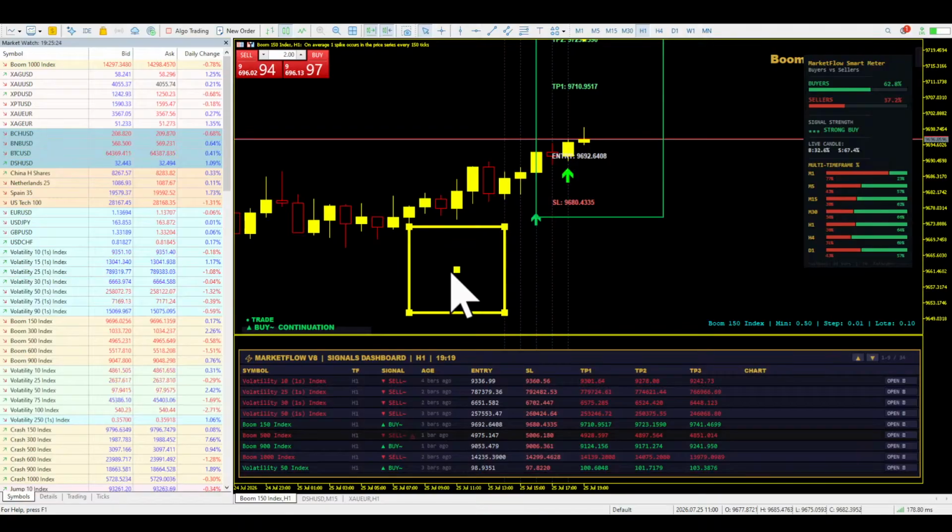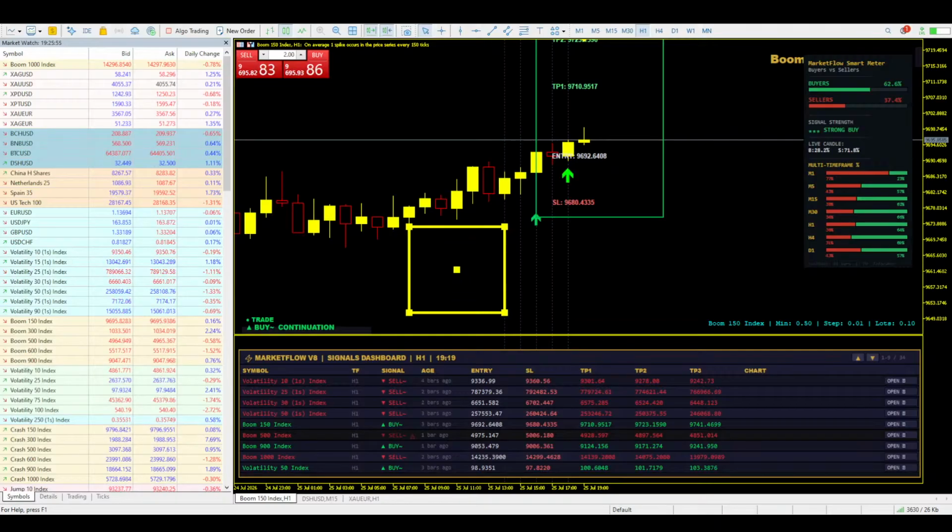Some of them start on 0.5, like the Boom 150 index. If you don't have that information in front of you, it becomes a waste of time trying to open up and see which lot size you need to use. This helps us get the correct lot sizes so that we can move much quicker. We don't need to spend more time than we need to. We want to get the correct trades.